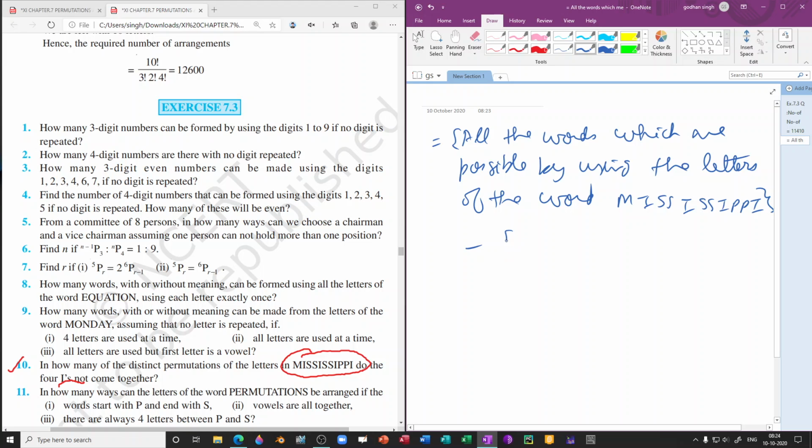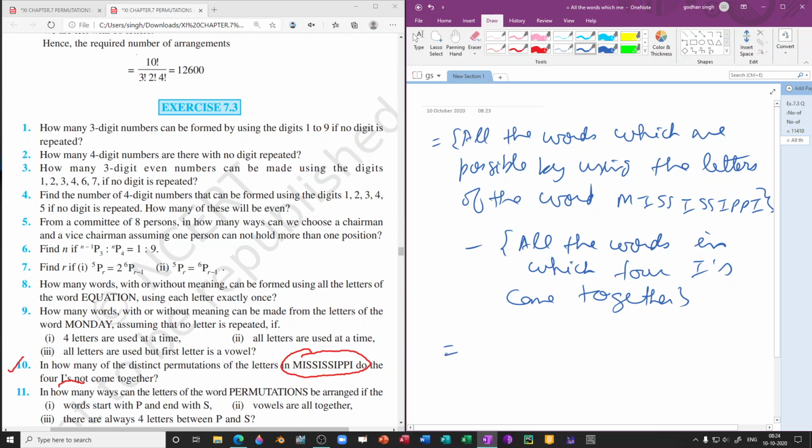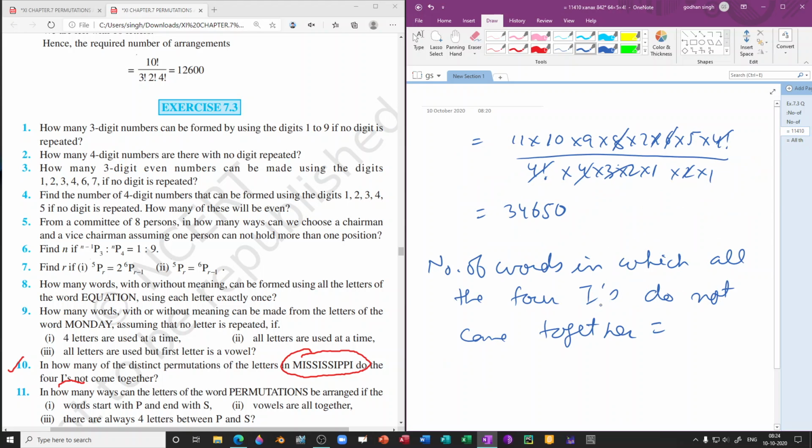So minus all the words in which 4 I's come together. So that is equal to, all the words which are possible by using the letters of the word Mississippi, already we have got here, that is 34650.